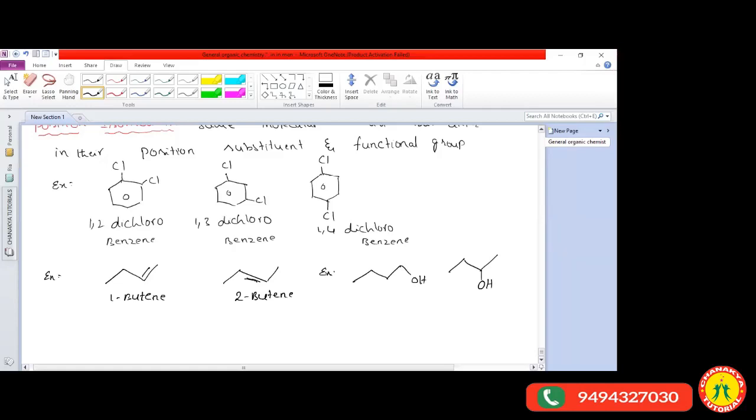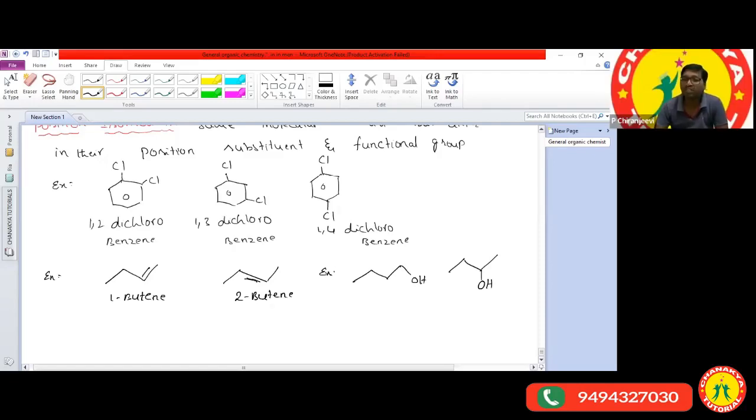How are you telling that these two are positional isomers? The position of OH. Very good. The position of the OH group is different in both structures, and both have the same molecular formula. The first one is called 1-butanol and the second one is called 2-butanol.